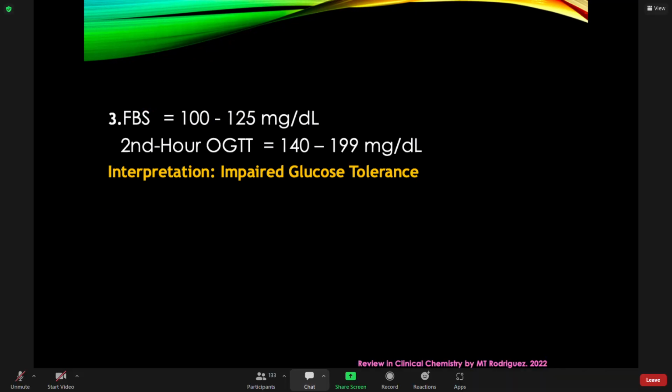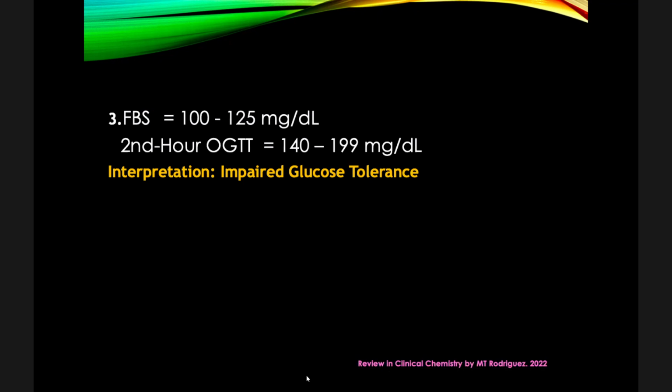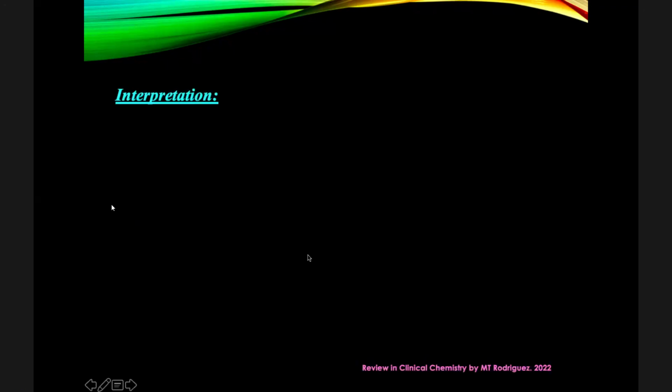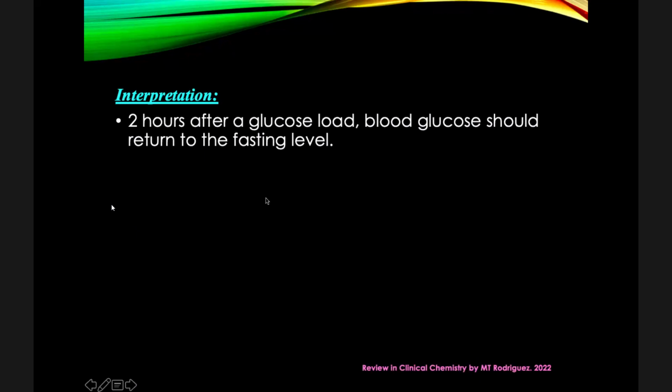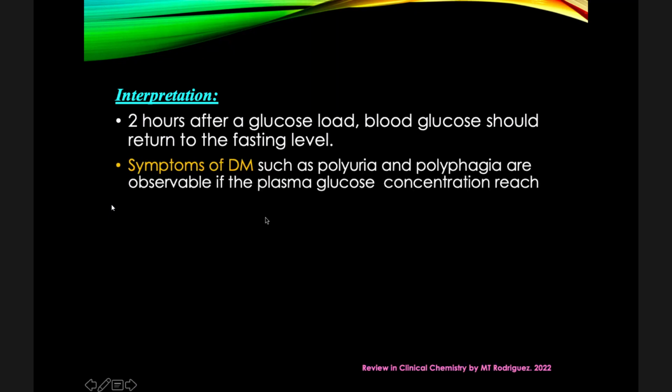Sinabi ko yan kanina, guys. OGTT is a diagnostic test for DM, GDM, and impaired glucose. Take note, huwag kalilimutan. Then, interpretation, therefore, 2 hours after a glucose load, blood glucose should return near fasting level. Yun ang rule talaga.